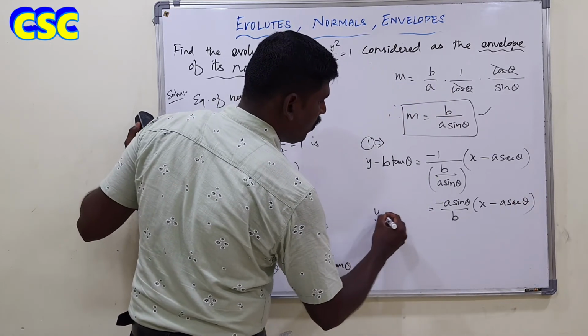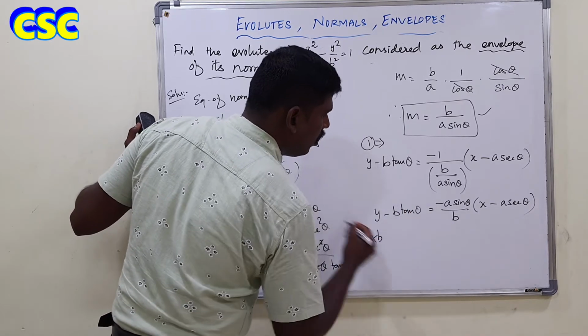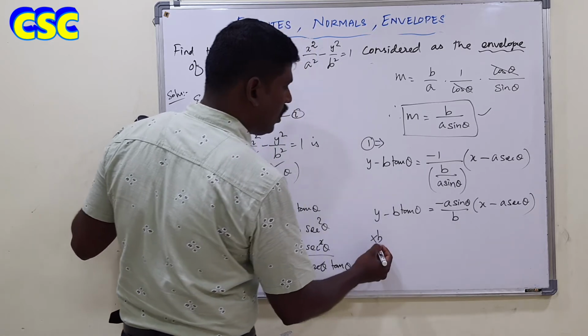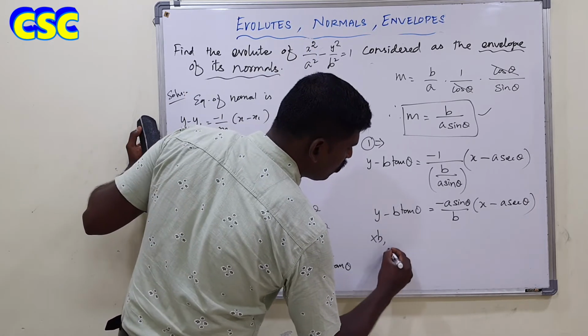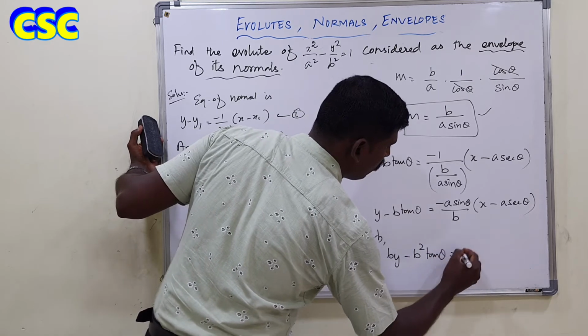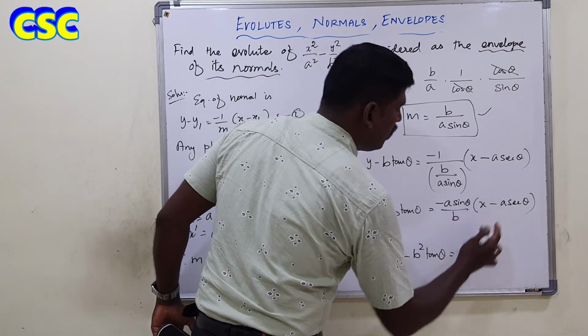Okay, y minus b tan theta. Multiply by b. Here b is in the denominator on the right side, so that's why I multiply with b. So by minus b square tan theta. On the right hand side, b is cancelled. Now I am going to take this minus a inside the bracket.